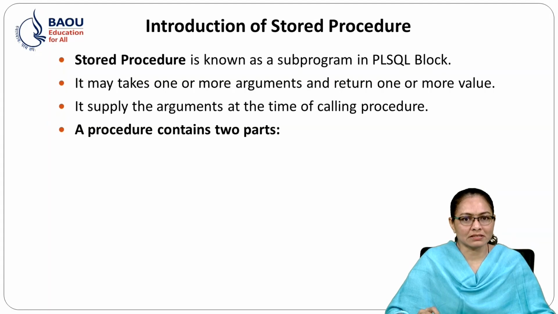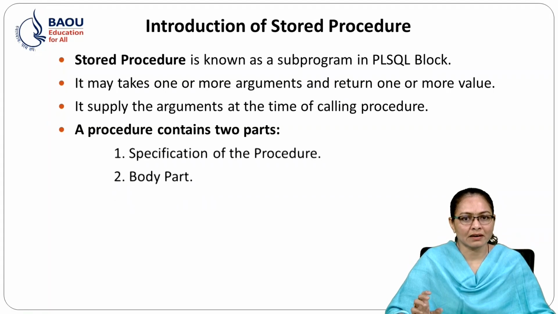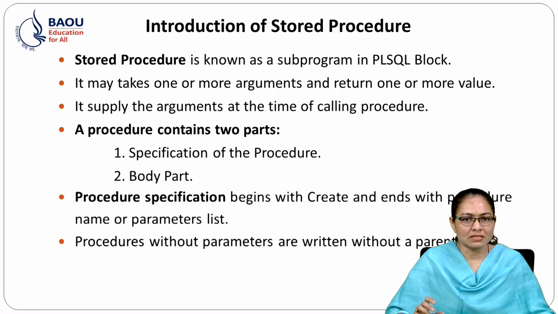A procedure contains two parts. First is the procedure specification and second one is the body part. What is the procedure specification? The procedure specification begins with create and ends with the procedure name or a parameter list.